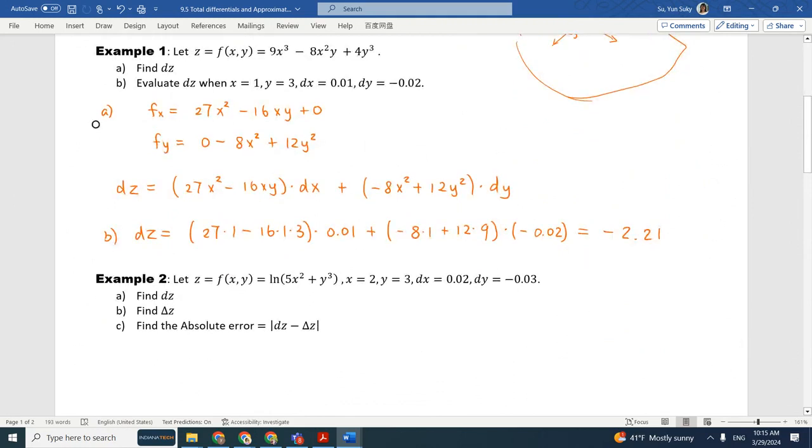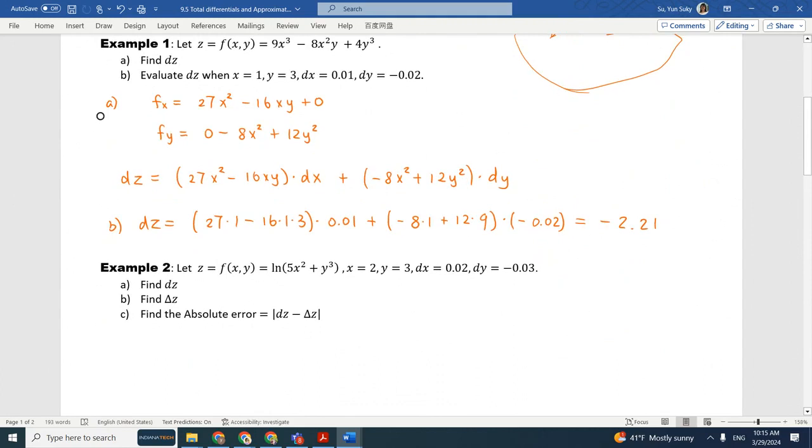Example 2. Okay, we're going to have z as a different function, and we want to find dz, the change of z, and the absolute error. So part A, we want to find the derivative with respect to x. And that is ln u, right?